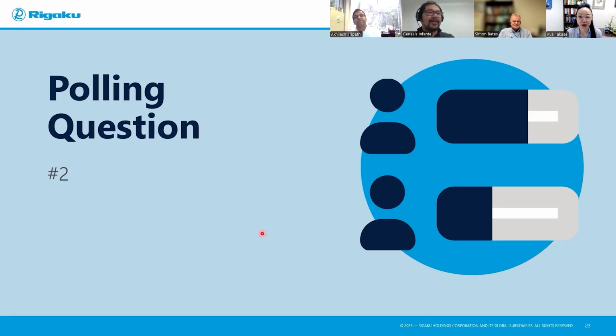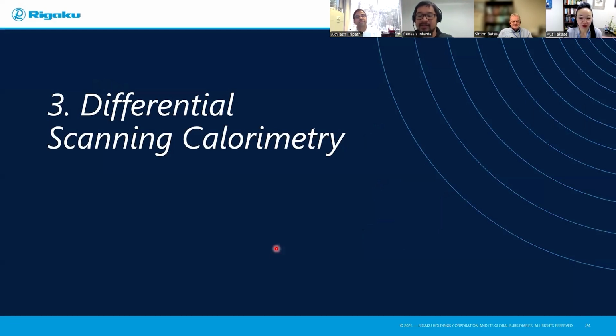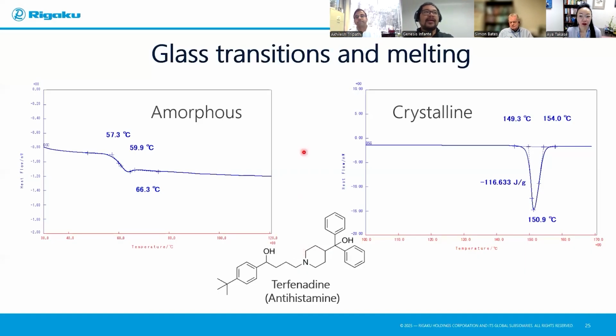So, very quickly, I'm going to cover cases, application notes that involve DSC, differential scanning calorimetry. In pharmaceuticals, crystallinity is typically a very important concept. Shown on the screen is the DSC signal from terfenadine, and there is an amorphous signal portion, which is basically the glass transition associated with the molecule, and a crystalline signal that is associated with the melt.